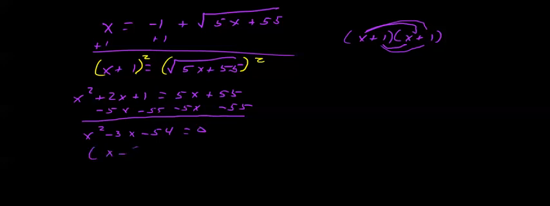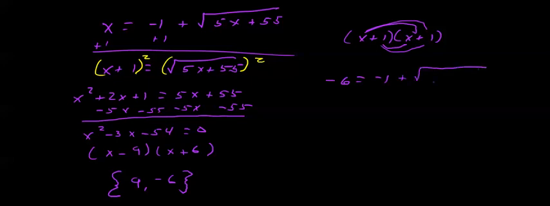Factor x minus 9, x plus 6. So our answer is 9 and negative 6. All right. We do our check. Start with negative 6. Negative 6 equals negative 1 plus square root of 5 times negative 6 plus 55.